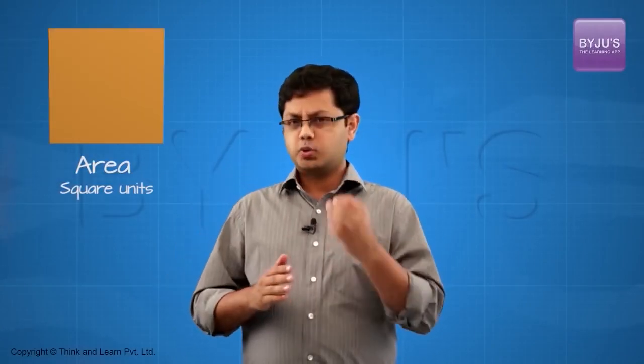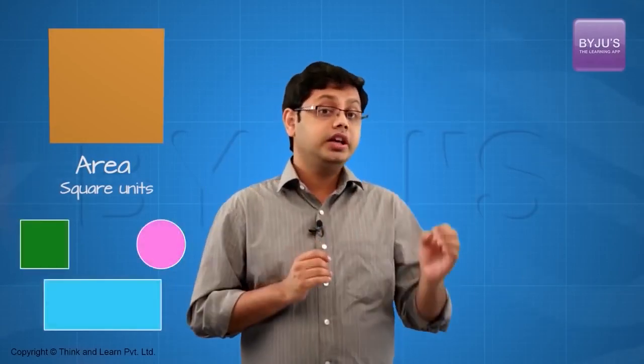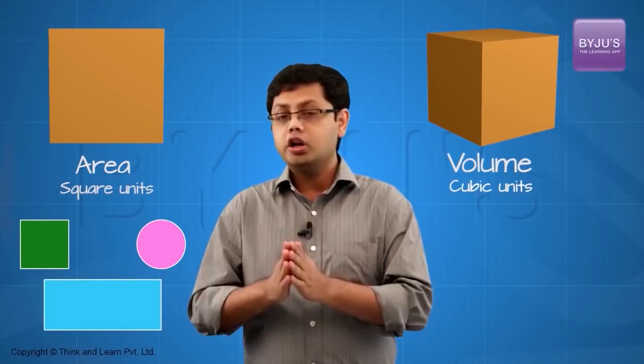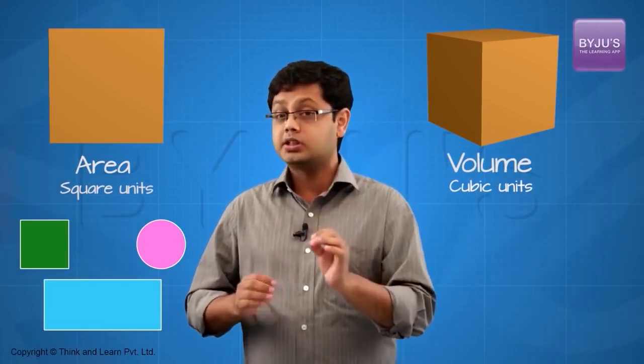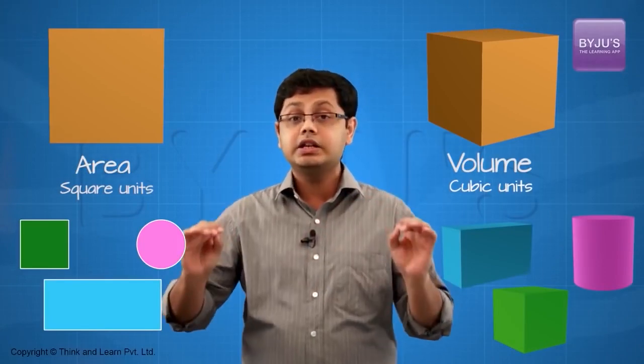That was just not for squares, right? Any 2D figure. Similarly, all 3D objects will have volume in terms of cubic units. It is just not restricted to cubes. It could be any 3D object.